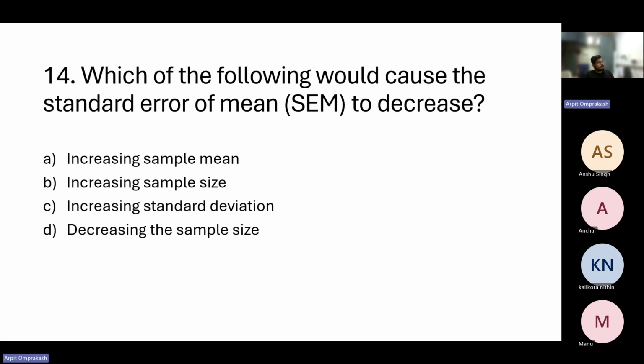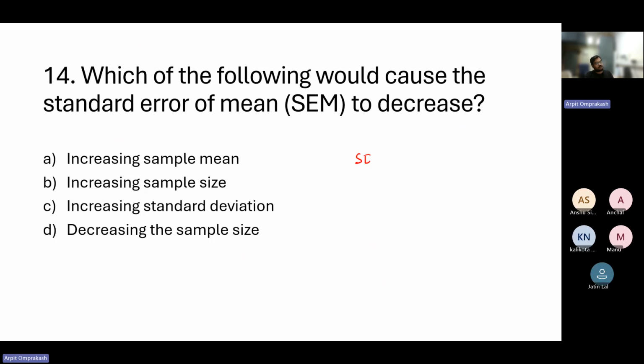Question number 14. Which of the following would cause the standard error of mean to decrease? Increasing sample mean, increasing sample size, increasing standard deviation, decreasing sample size. So again, if we look at the formula for standard error of mean, it is given as standard deviation divided by root over of n.